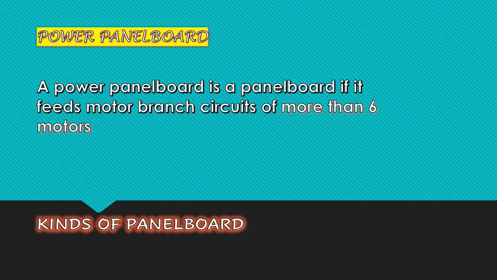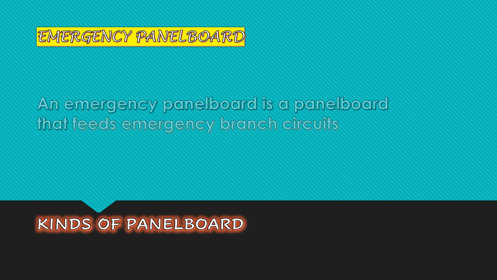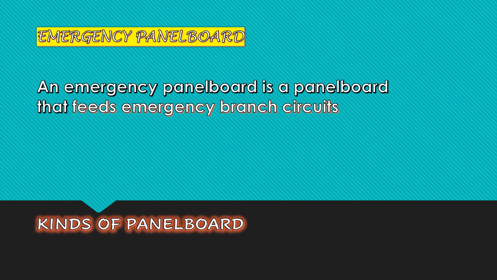So if this panel is feeding only motors and the motors are more than 6, it shall be called a power panel board. Emergency panel board. As the name implies, this is a panel board that feeds emergency branch circuits. For example, you are feeding emergency light and other emergency equipment. It will be called emergency panel board.